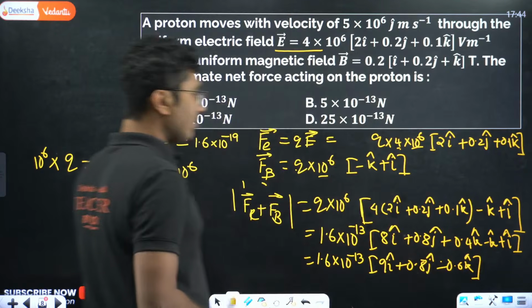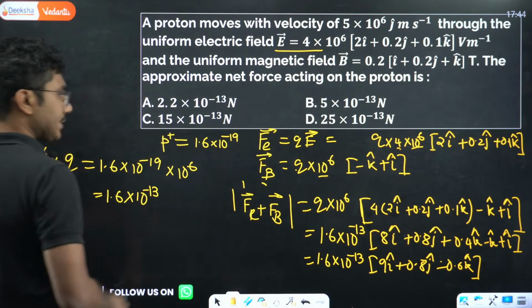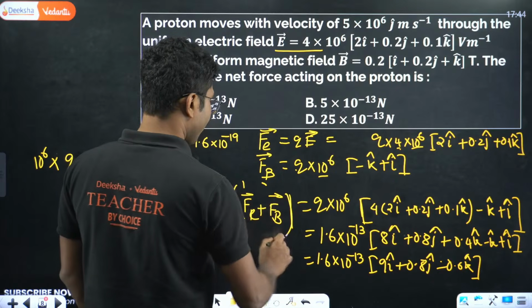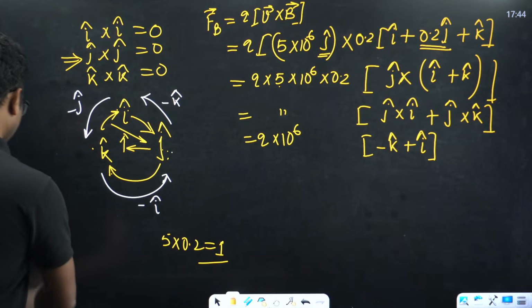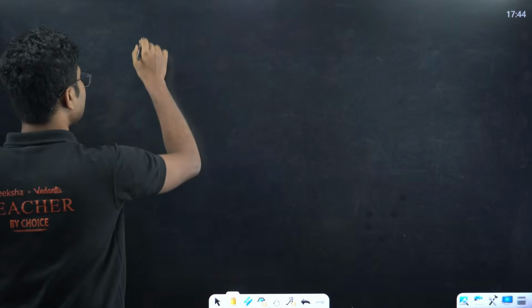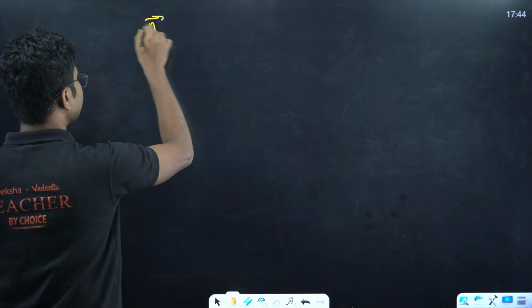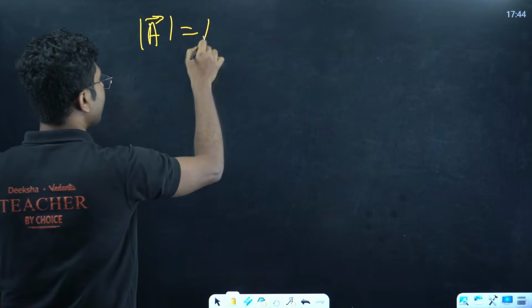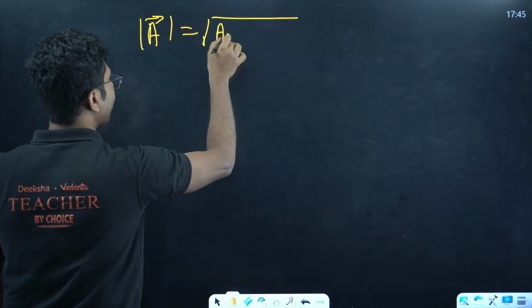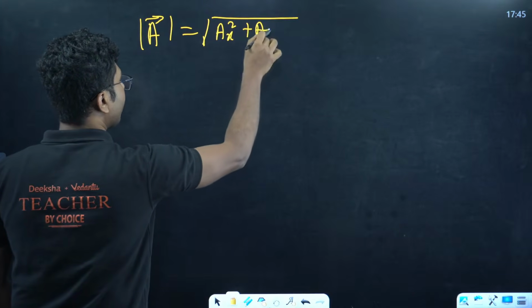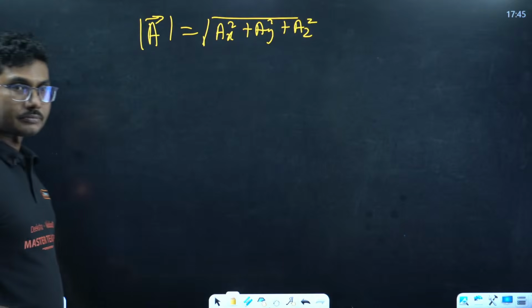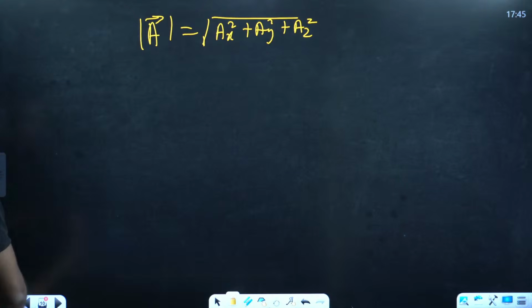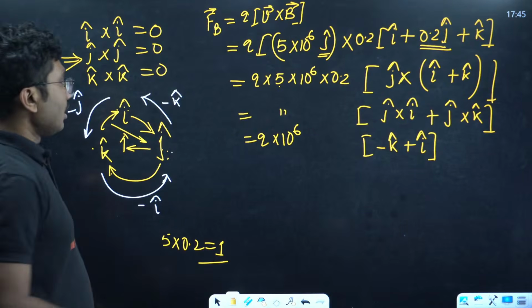Okay. Now, what is the magnitude of this? This is the vector quantity. This is the vector form. How to find the magnitude of a vector? If you remember, the magnitude of a vector is basically given by the square root of ax square plus ay square plus az square.